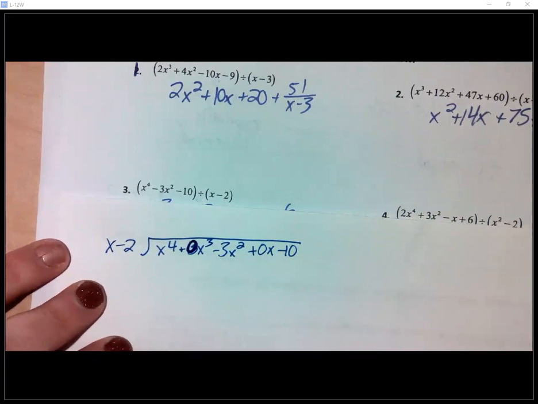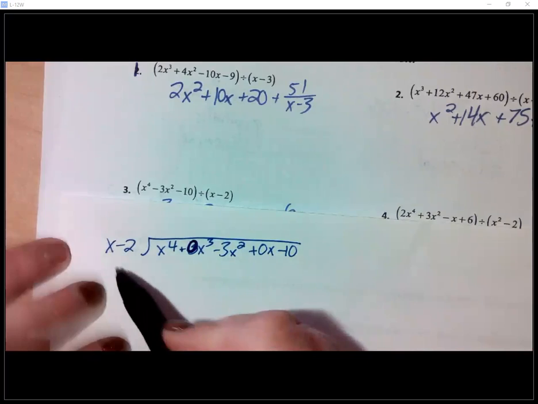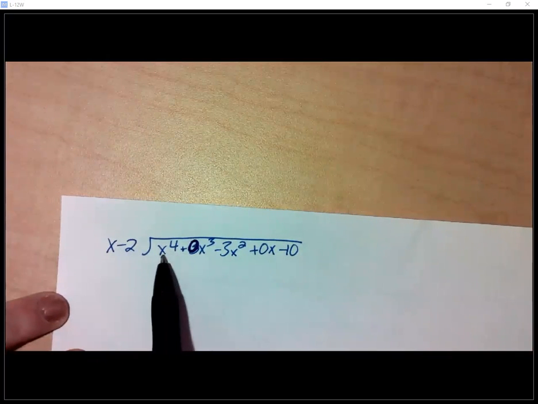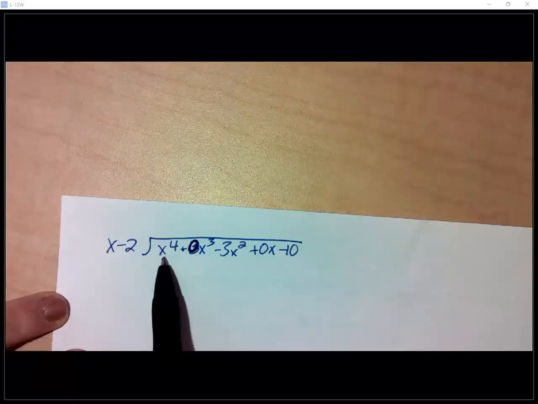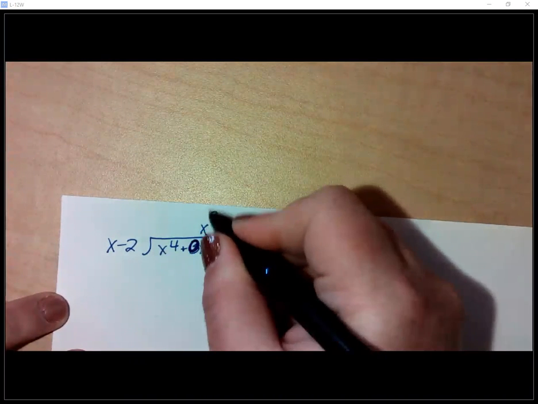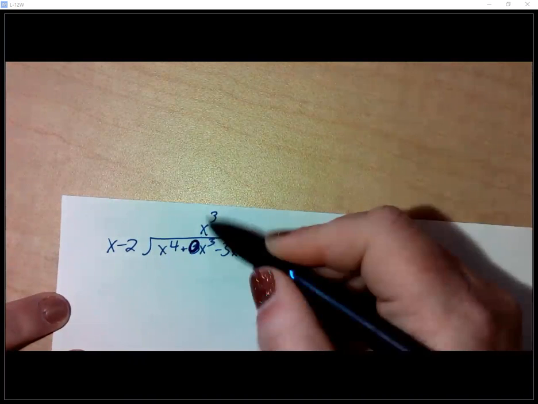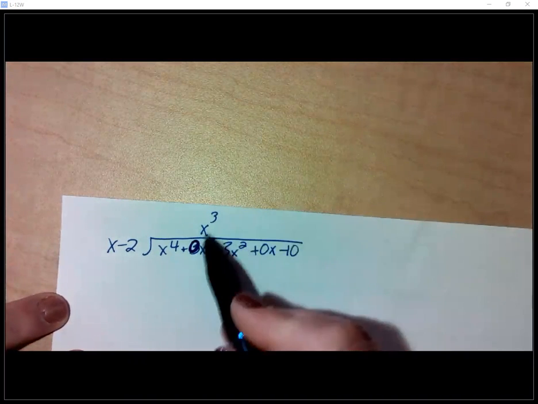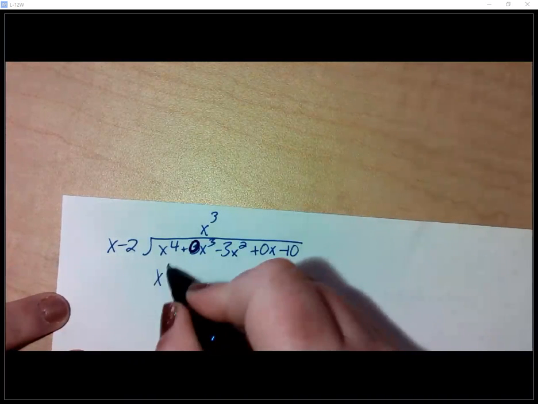So we ask ourselves, what do I multiply x by to get x to the 4th? The answer is x to the 3rd. So I put an x to the 3rd up top in the x to the 3rd column, right? Everything in this vertical column here will be x to the 3rds. Multiply it through. I get x to the 4th minus 2x cubed.